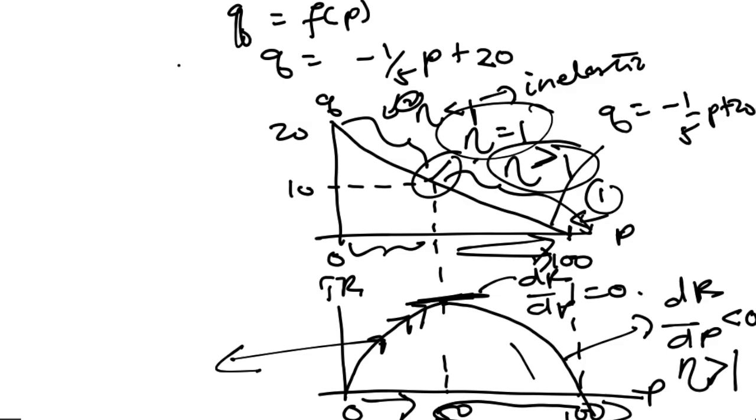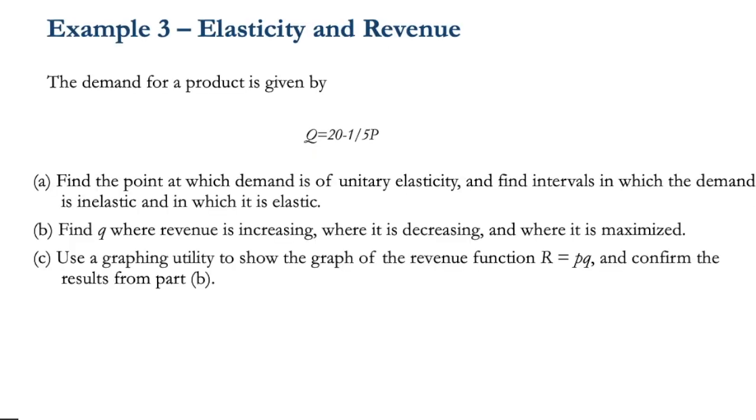Alright, so now let's look at another example. The demand for a product is given by Q equivalent to 20 minus 1 over 5P. If you are not so sure about the writing, because of the typing, Q equals 20 minus 1 over 5P. This is the correct one.